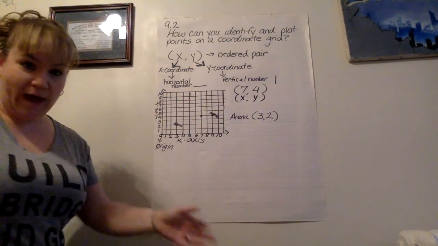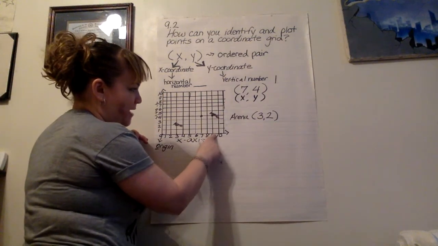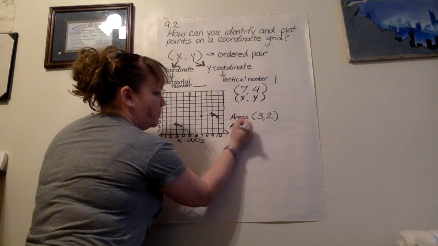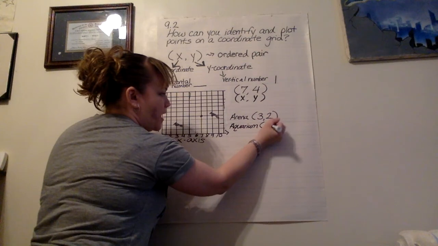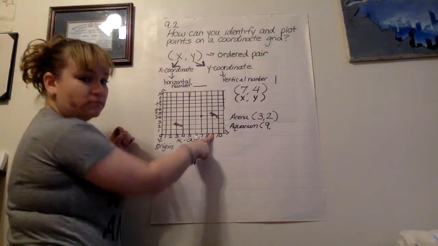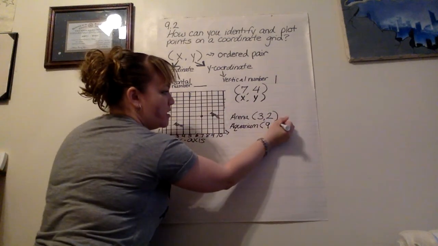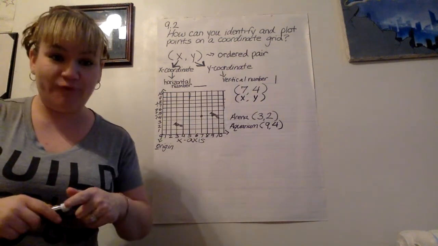X, Y. Okay, it seems like it stops at 9. So let's label this aquarium, 9. And then go up. Where does that number stop? At 4. So what's your coordinate pair to find the aquarium? (9, 4).